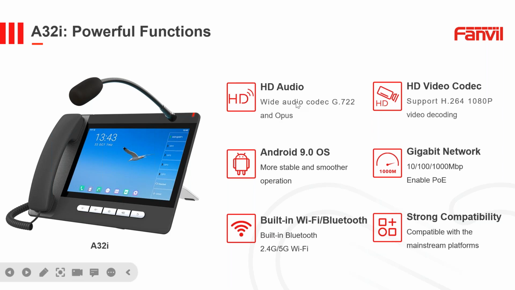And also, A32i supports wide-band audio codec and high-definition video codec, which can provide better sound quality and picture quality. And it has the Android 9 operating system, which means you can use software on the IP phone, and it can provide more stable and smoother operation.